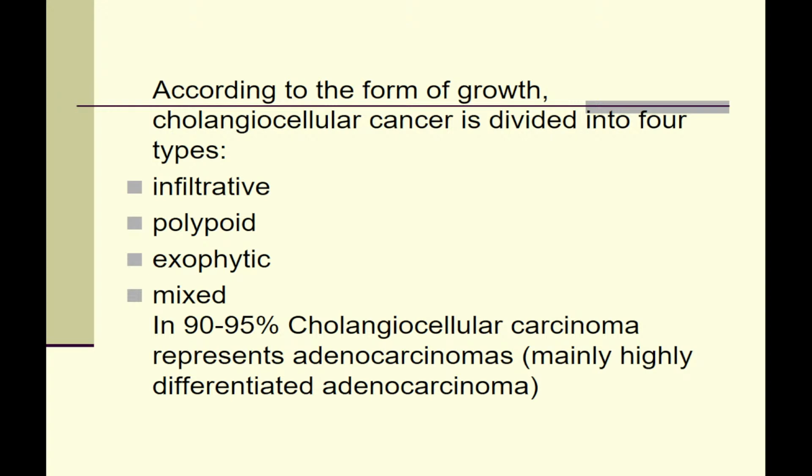In 90 to 95%, cholangiocellular carcinoma represents adenocarcinomas, mainly highly differentiated adenocarcinoma.